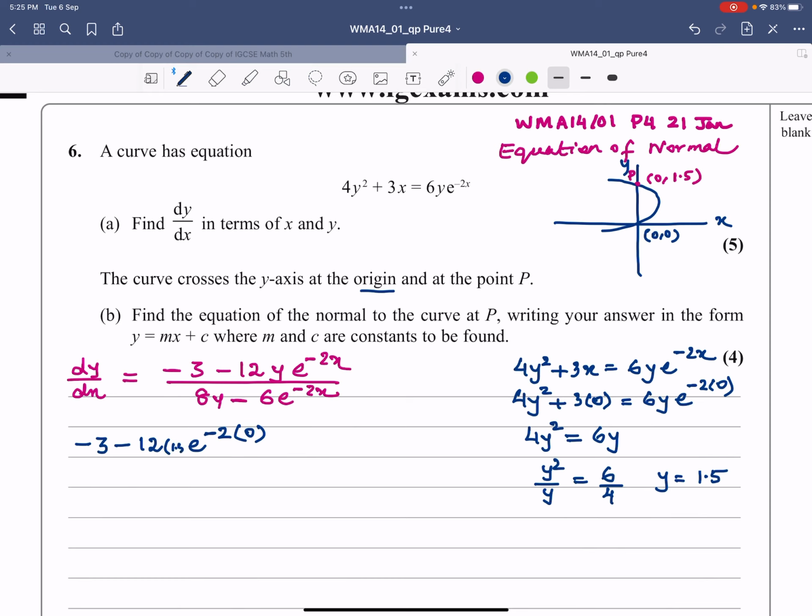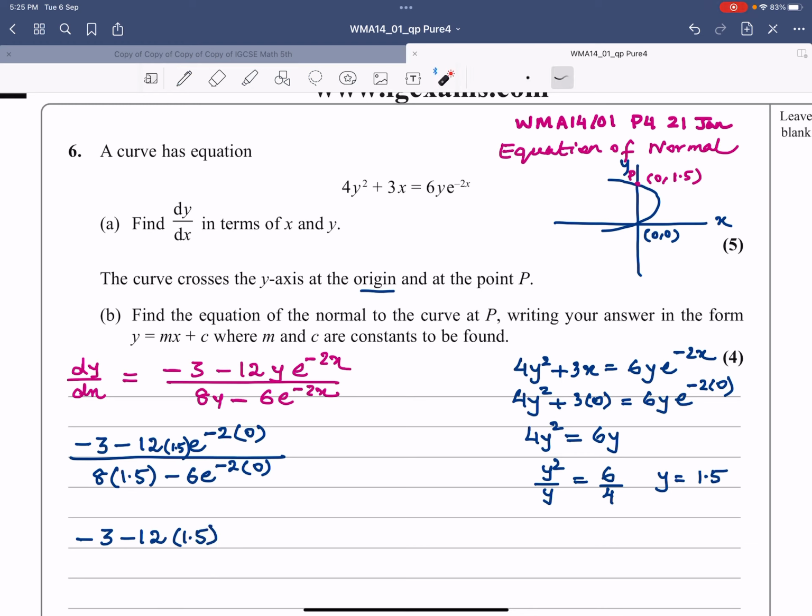So 1.5. Then the denominator is 8 into 1.5 minus 6 into e to the power of -2 into 0. So -3 - 12 into 1.5.